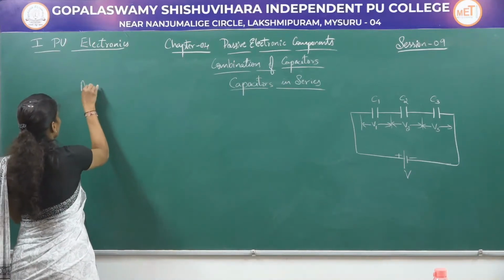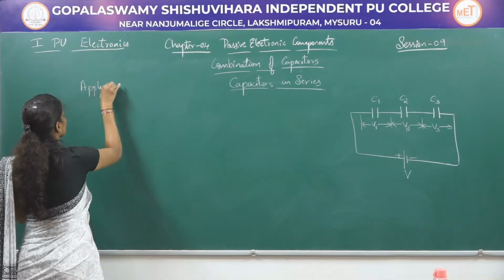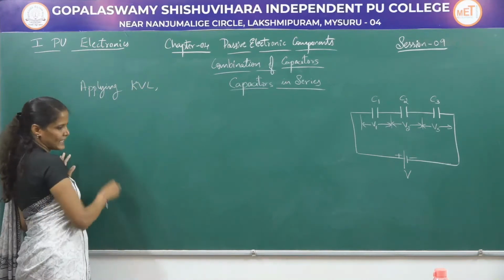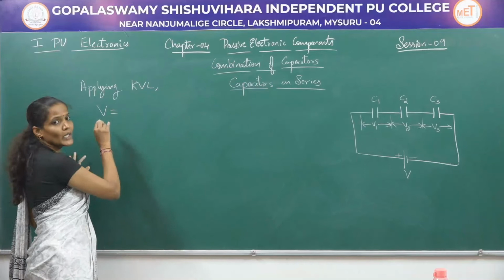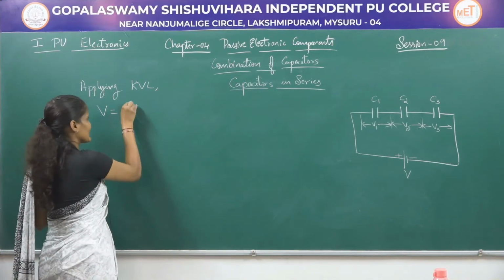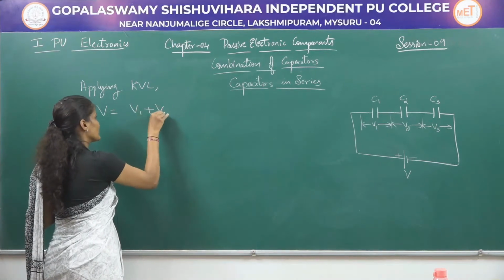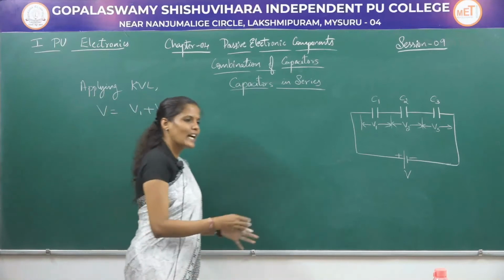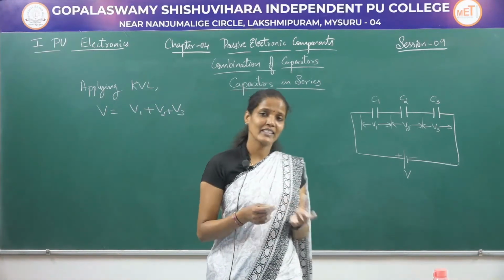So applying KVL, we can easily tell that the total voltage V will be equal to the voltage drops across each capacitor, that is V1 plus V2 plus V3. I already told you that the current flowing through each of these capacitors is the same.